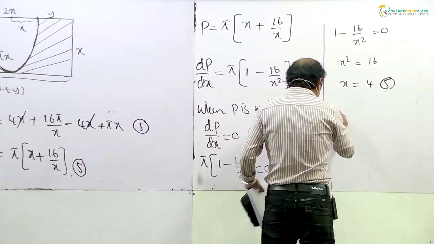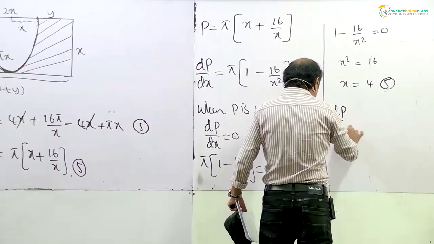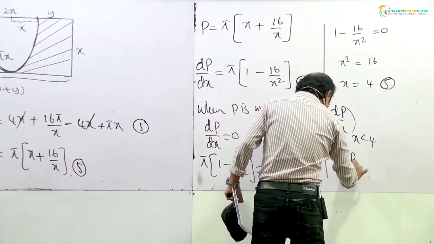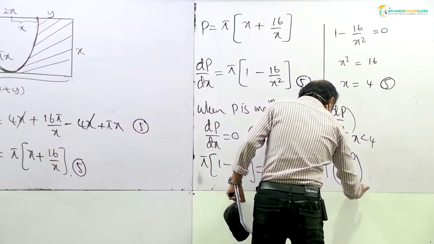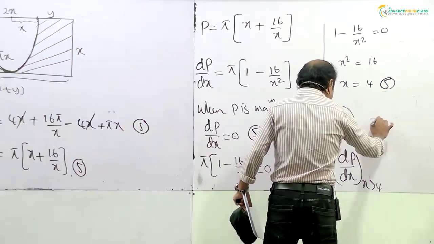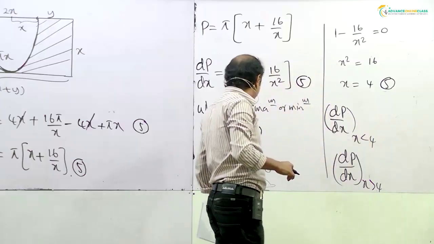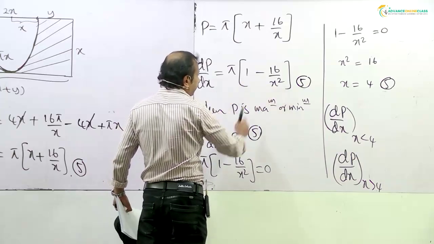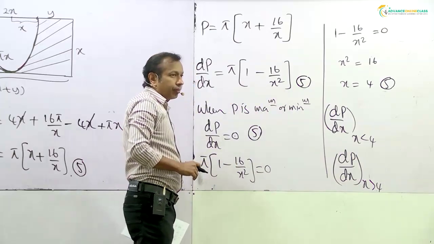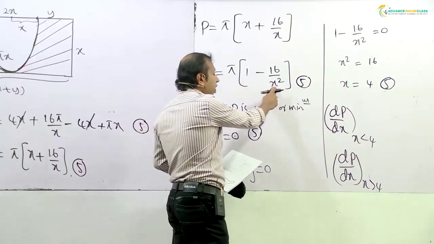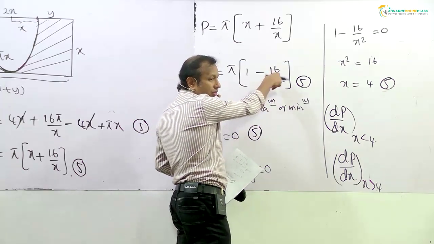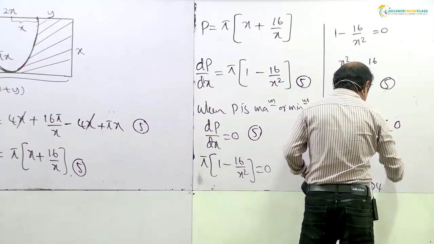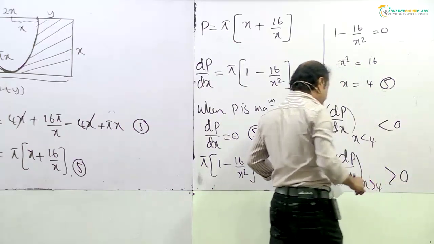Right, now we have to find the sign of dP over dx when x is less than 4 and when x is greater than 4. x less than 4, dP over dx is this. Like when you put 1, what do you get? 1 minus 16, no, negative. This is negative. Then this definitely becomes positive.